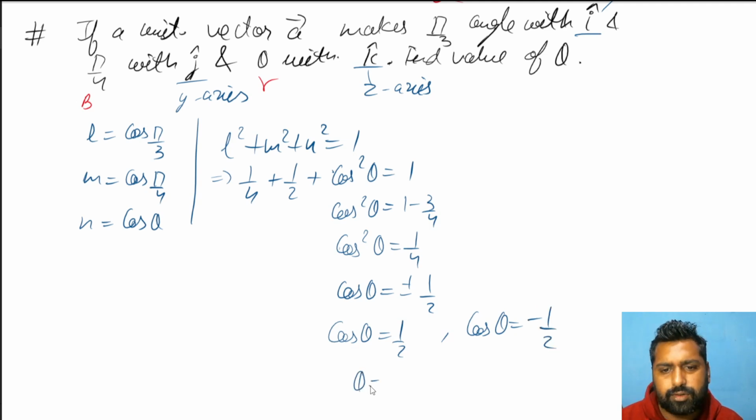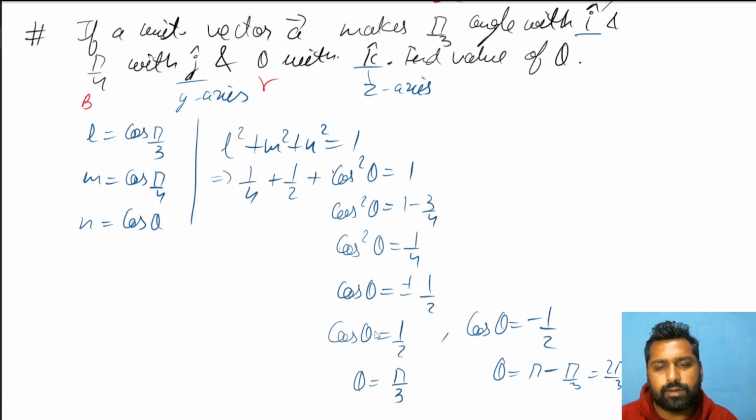So in that scenario, cos theta is 1 by 2, theta is again 60 degrees or pi by 3. But cos is negative in the second quadrant, so pi minus pi by 3, that's 2 pi by 3. Use inverse trigonometry if you want to know how we solve this.